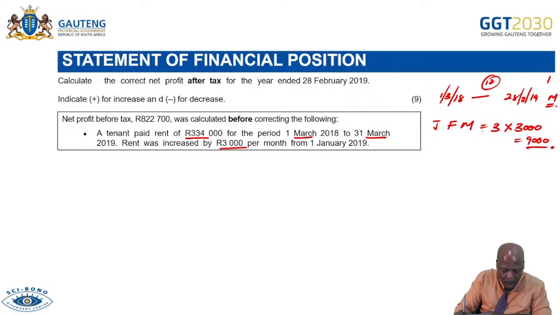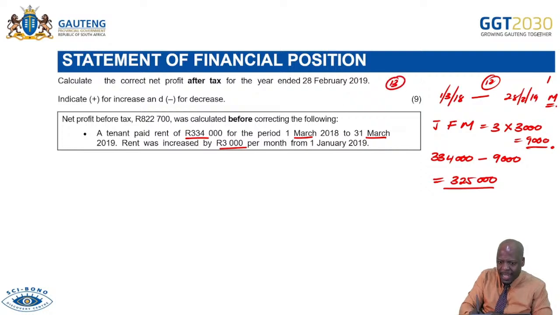So I'll then come and I will now say 334,000 minus 9,000. Okay, I need calculators. How much do I get? 334 minus 9,000, I get 325,000. Now, this is now rent for 13 months without any increase. So I can divide this by 13. How much do I get after I divide this by 13?